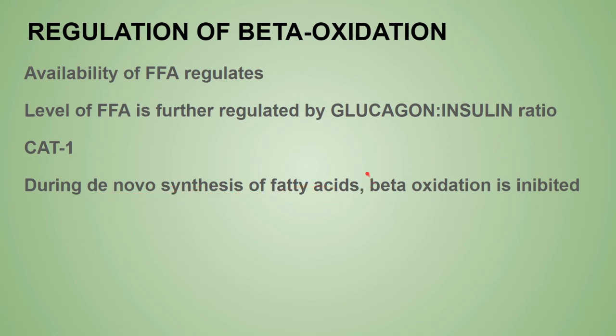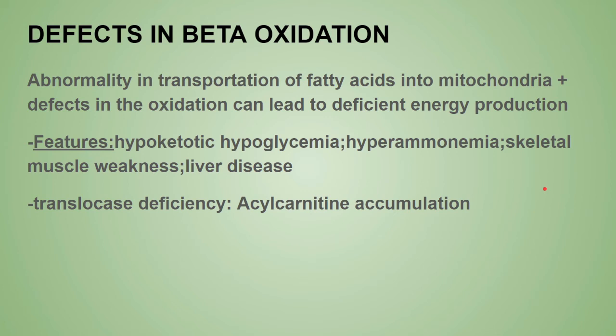So malonyl CoA will help in the de novo synthesis of fatty acid, while this CAT1 helps in the cleavage, or we can say the breakdown, of the fatty acids, right? So malonyl CoA and the CAT1 have opposite activities. So if malonyl CoA is present, of course CAT1 function is inhibited and so beta oxidation is inhibited. Simple.